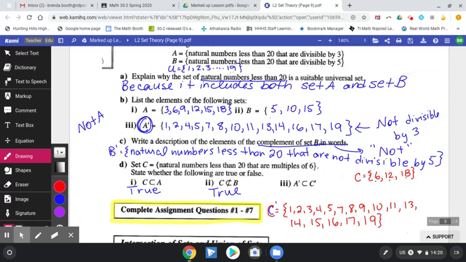So if you thought about the complement of C in words, it would be natural numbers less than 20 that are not multiples of 6.